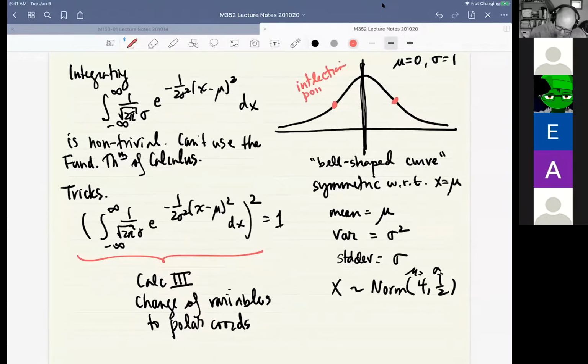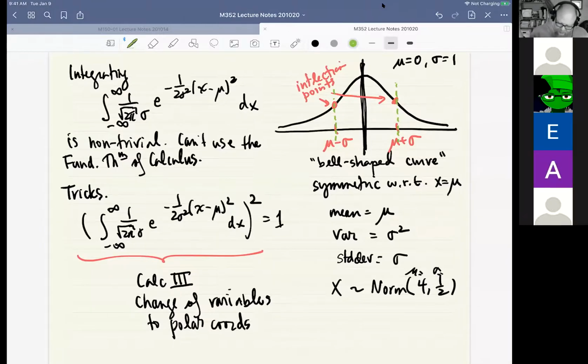Other cool facts. I verified this, that the function has 2 inflection points, one at mu minus sigma and one at mu plus sigma. Geometrically, I don't know why that could be important, but it's a good fact to know. And it turns out that this region between mu minus sigma and mu plus sigma is generally an important region too. So just to know that they coincide with inflection points is kind of neat.